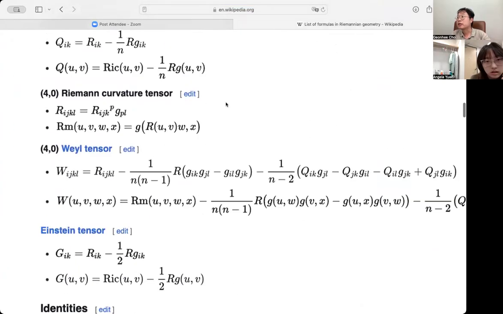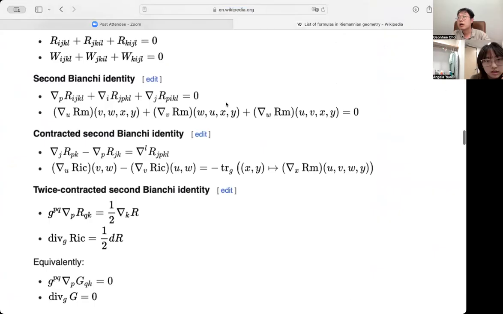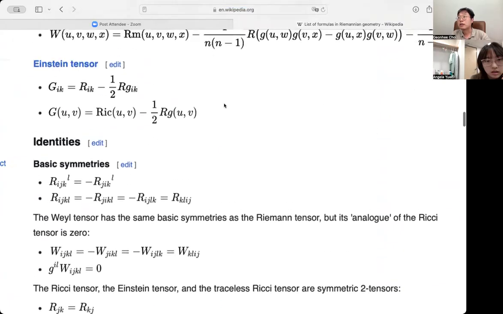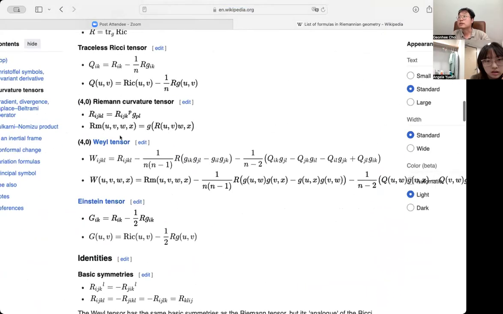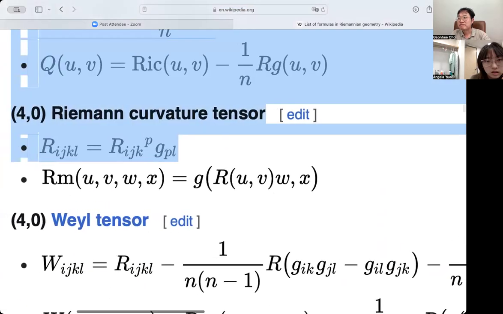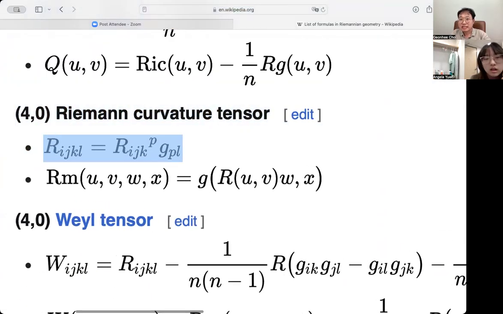It should be somewhere here. Of course I know it, but I just wanted to show the expression. Yeah, this one. This is the expression. So now let me write it. Then you have a reference to look at if you are curious. It is written like this.